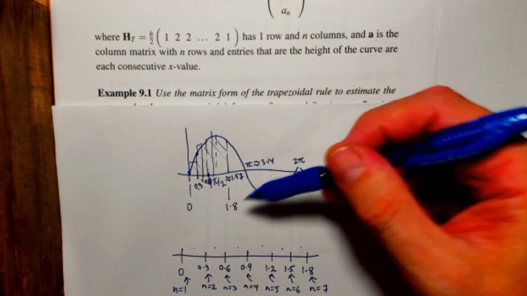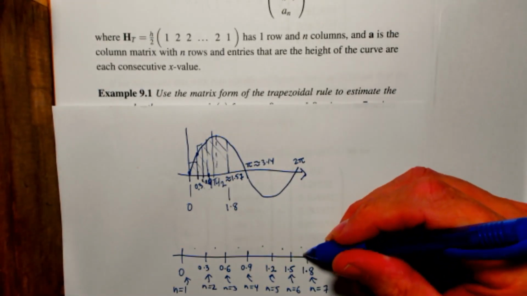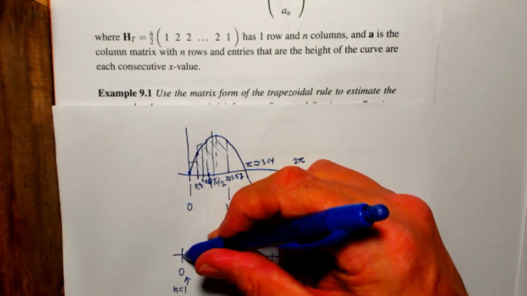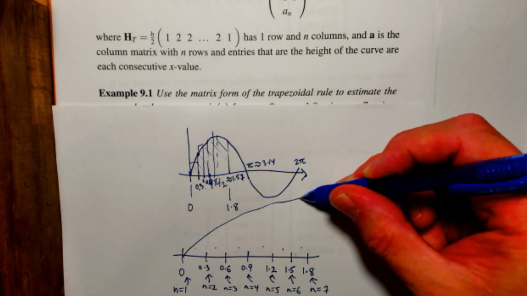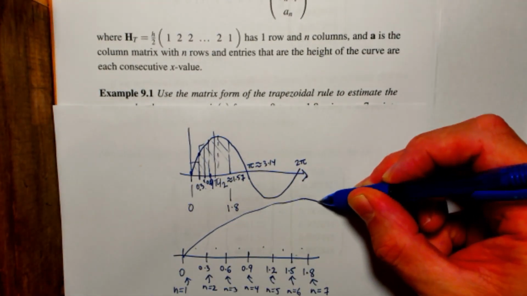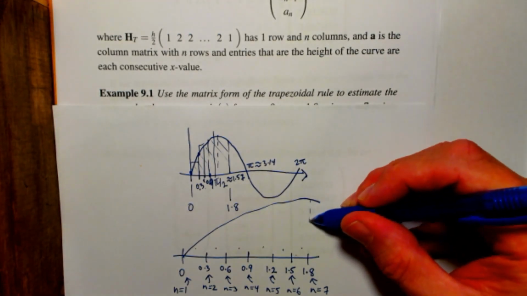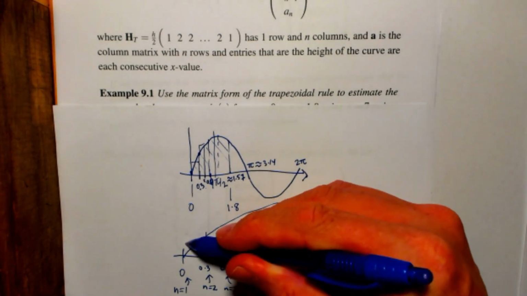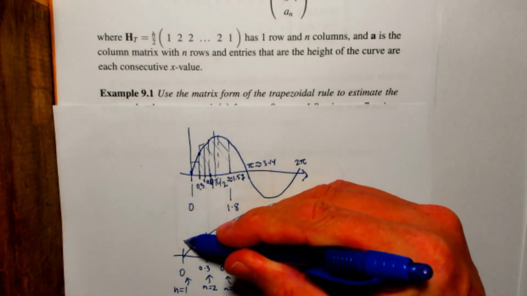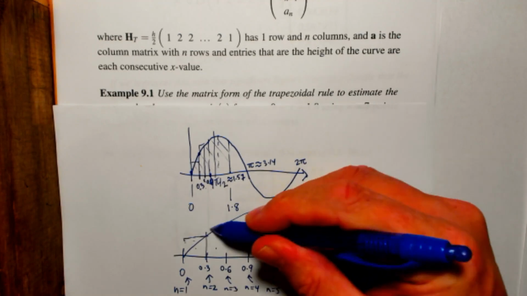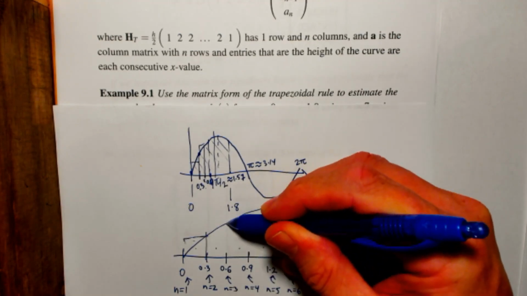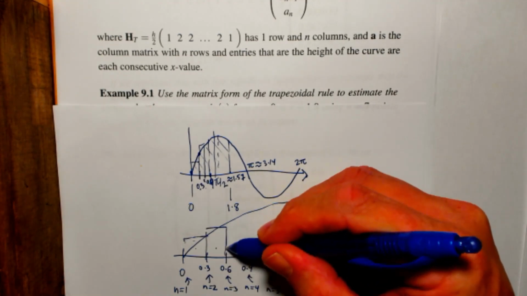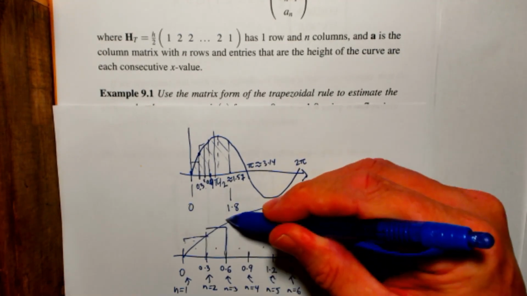And let's see if I can improve that sketch. So 1.57 would be, say, in here. So we'd be coming up something like that. Right, and we want to estimate with rectangles of average height between here and here.